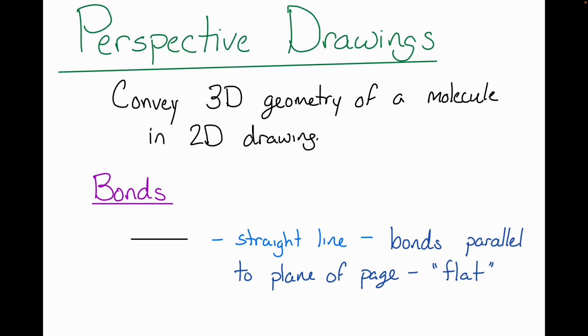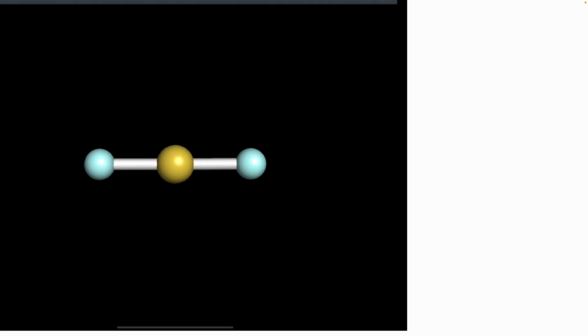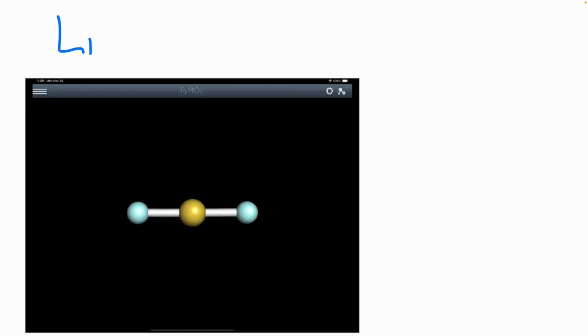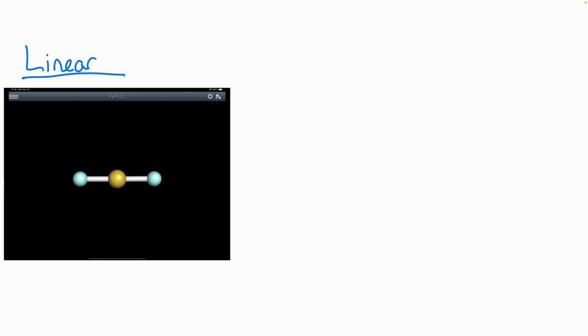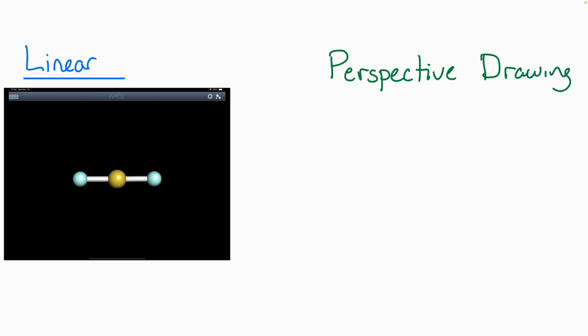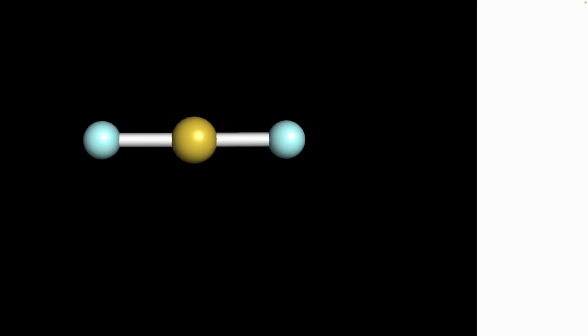All right, the first, what did we call this one? Linear. So here's our fancy computer program of our linear structure. If we wanted to do our perspective drawing, all right, notice that both of these bonds, the way that I've sort of oriented this molecule, both of these bonds are sitting flat on that page.